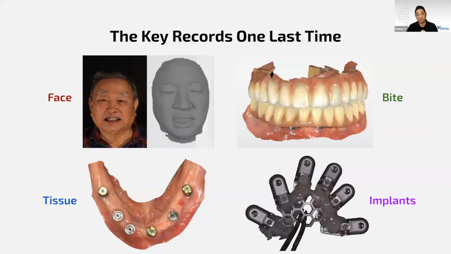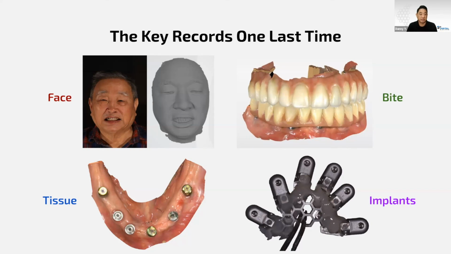And one last time, just to go over those records, I really want to hammer these in. Just remember, for digital workflows, the thing that you always got to make sure you're understanding is you're trying to capture the face, the bite, the tissue, and the implants. And you want to capture them and bring them into the same three-dimensional coordinate system, so that your designer can actually create an ideal prosthesis for that patient.